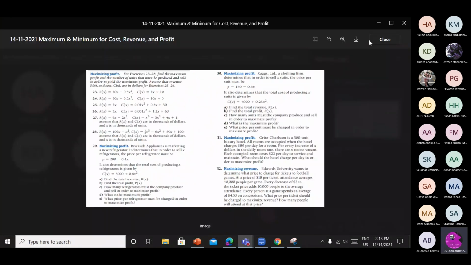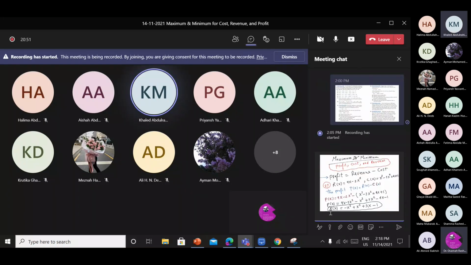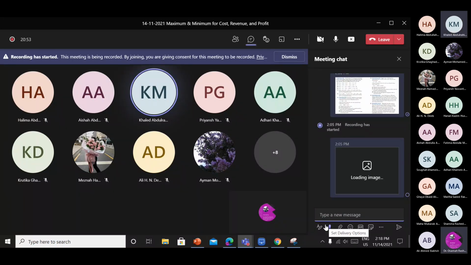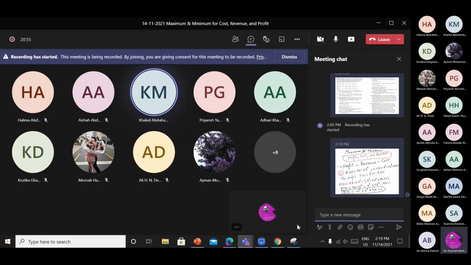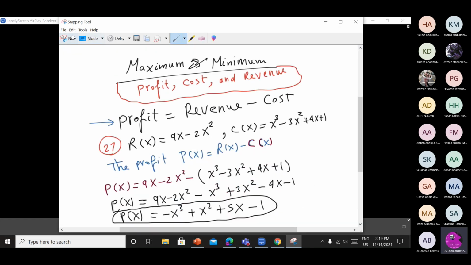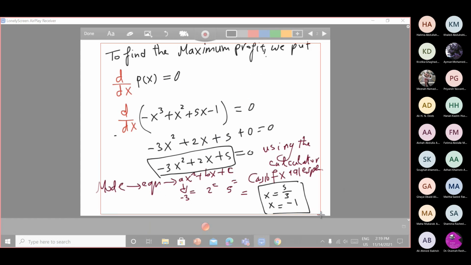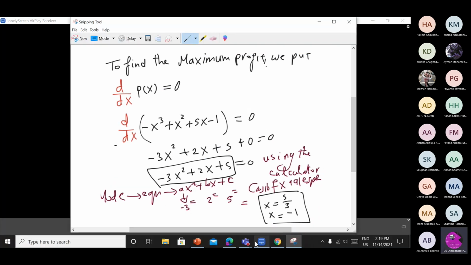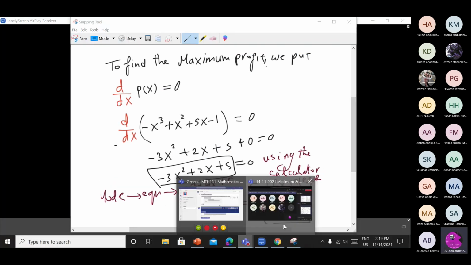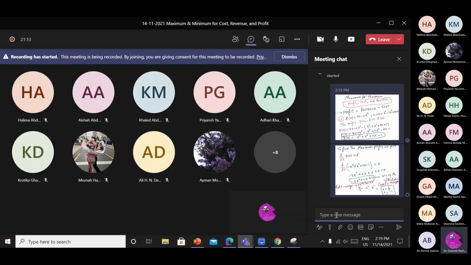Can you do one, please? Which one, doctor? Any question, I put it in the chat. Solve any question and scan it and put it in the chat, and I will do it for you. We are trying to let you practice because there is no time for revision.